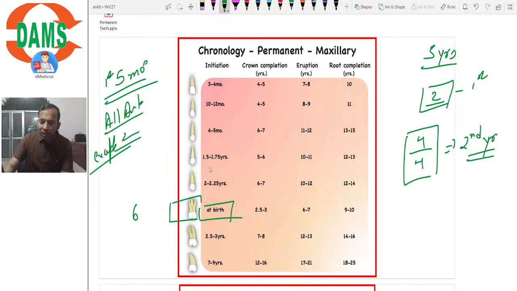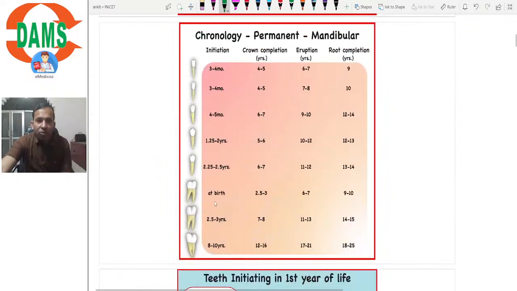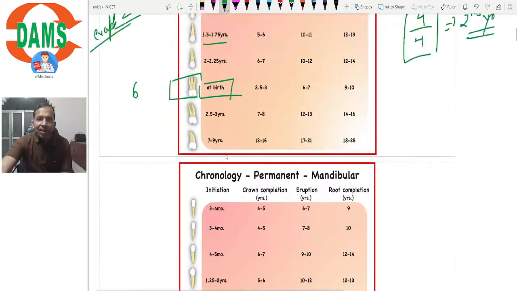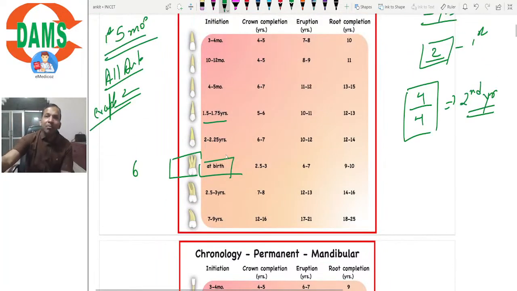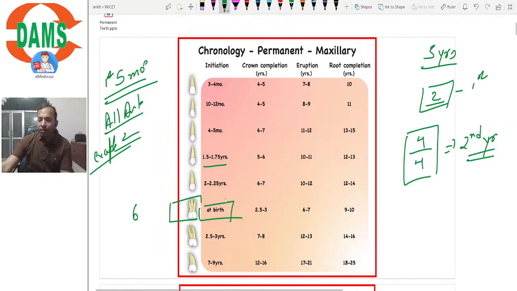And as you can see, the maxillary premolar initiates at about 1.5 to 1.75 years, while the mandibular premolar initiates at about 1.25 to 2 years. So you may say that the maxillary premolar initiates a bit earlier as compared to the mandibular premolar, right?